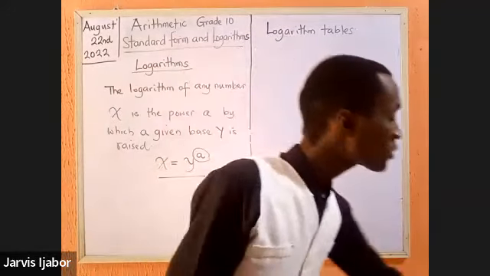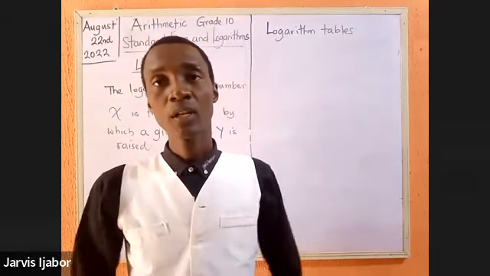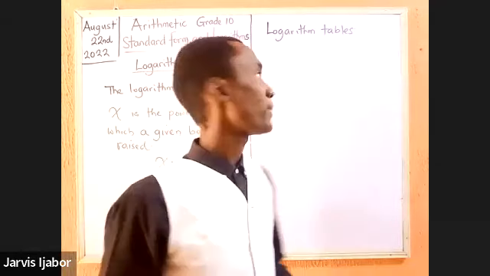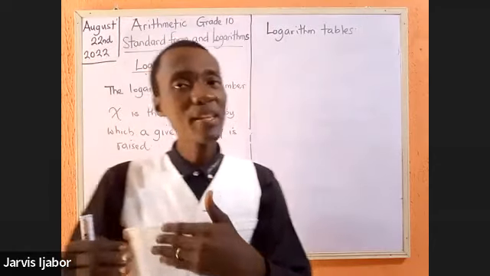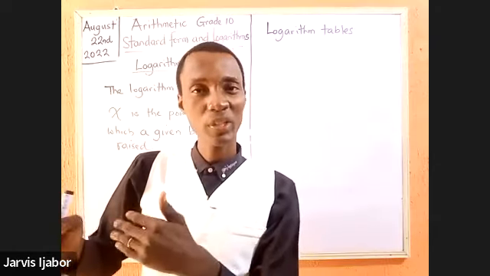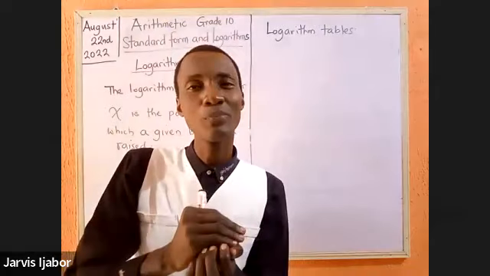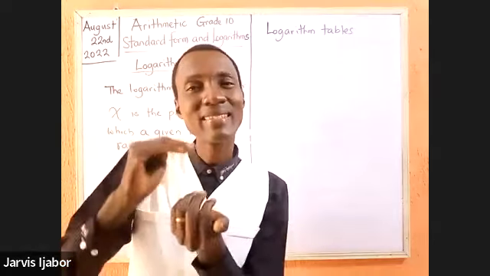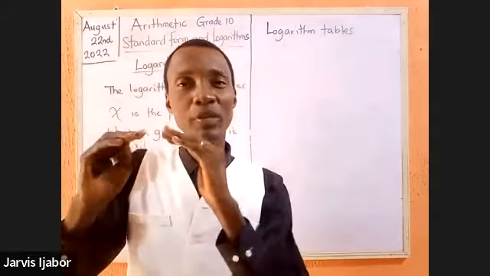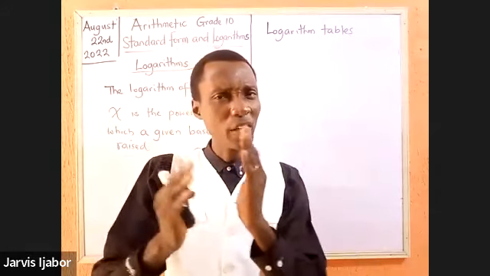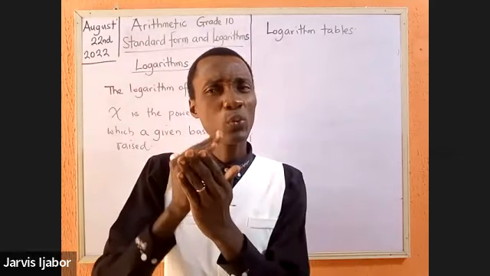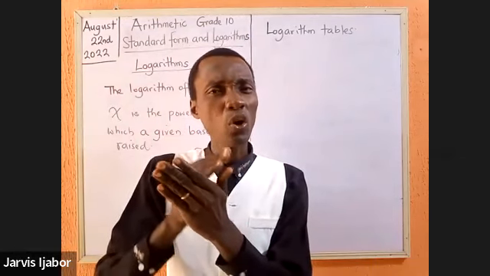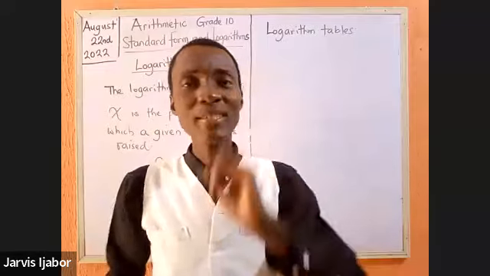Now, first of all, let's start by doing something. There are different bases we can use to describe logarithm, but when we want to use logarithm tables, we use base 10. So everything I'll be talking about in logarithm now will be that I am working on base 10. Let me start with a simple example.